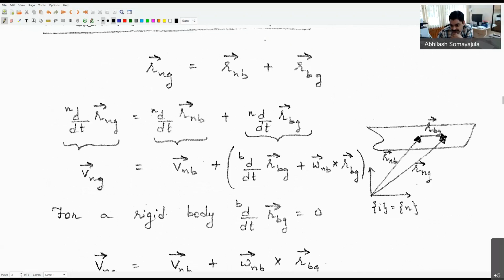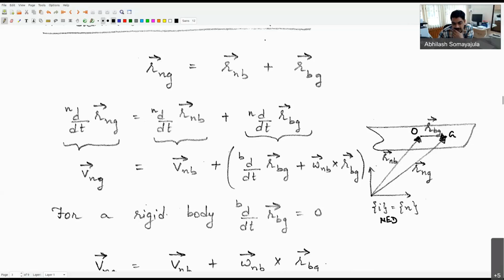I have the NED frame here, which is I or N, and from that origin to the center of gravity G, this vector here, R_NG, is equal to R_NB plus R_BG. Is that making sense?